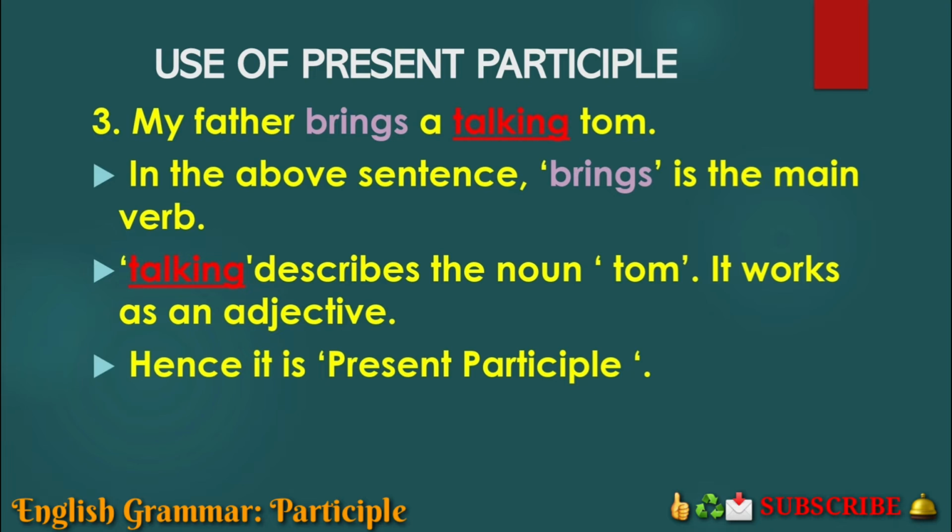That answer will be the adjective. So here talking modifies Tom, so it is an adjective. And you know that the verb which works as an adjective is known as a present participle. Even though it looks like a verb, the role of the verb is an adjective.